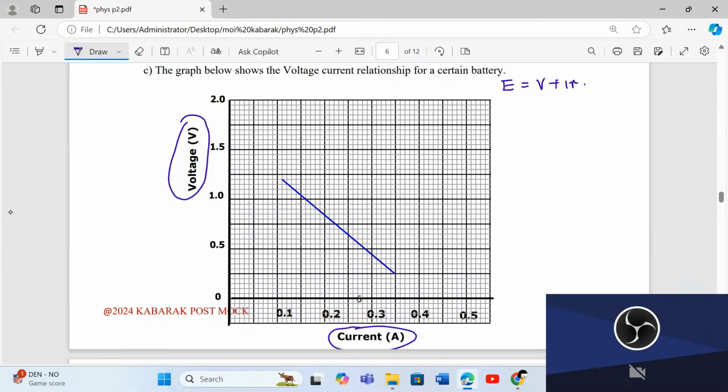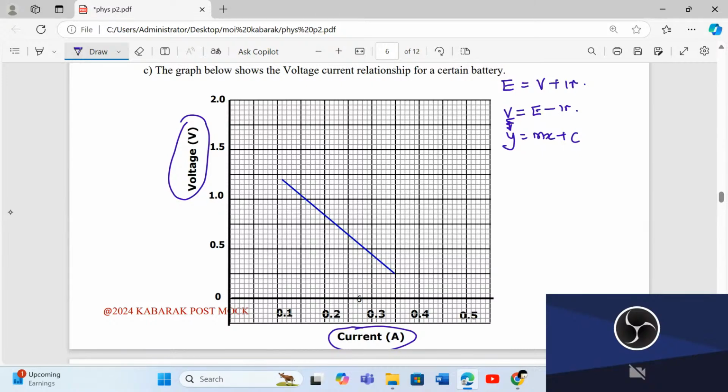But in this case, V is the subject of the formula, which is V is equal to E minus Ir. If we relate this equation to y is equal to mx plus c, then our V will automatically become or represent the y.